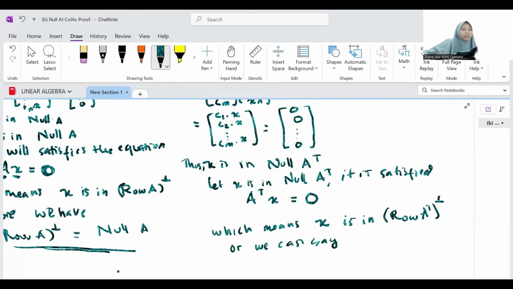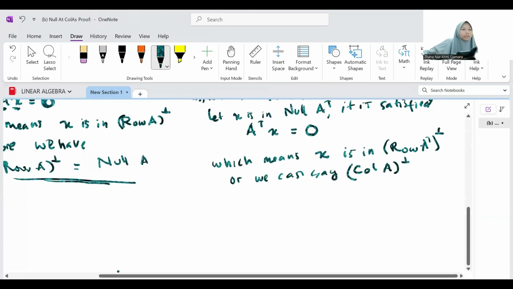Because the row space of A transpose is the column space of A, we can say that the orthogonal complement to the row space of A transpose is the orthogonal complement of the column space of A.